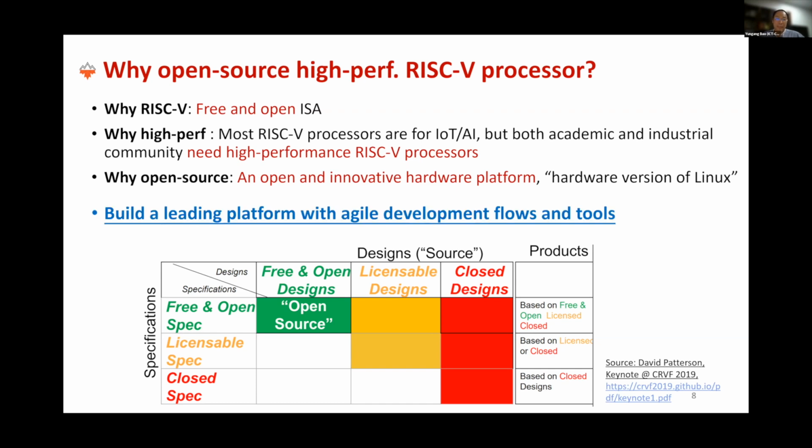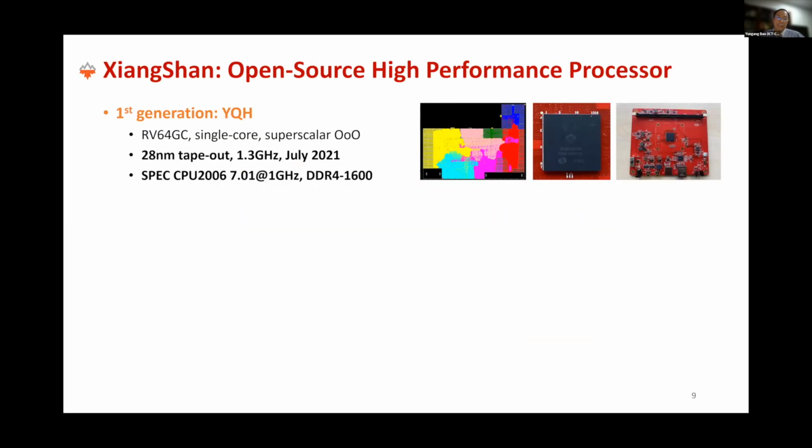Then we came up with the idea that we want to build a leading platform with agile development flow and tools. So that is our motivation to launch the Xiangshan project. Xiangshan is a high performance processor. We have already finished 2 generations of Xiangshan.